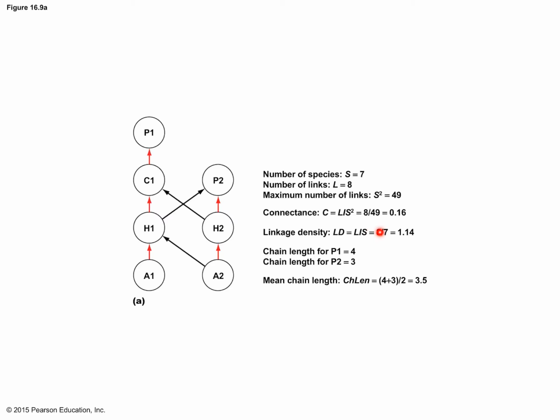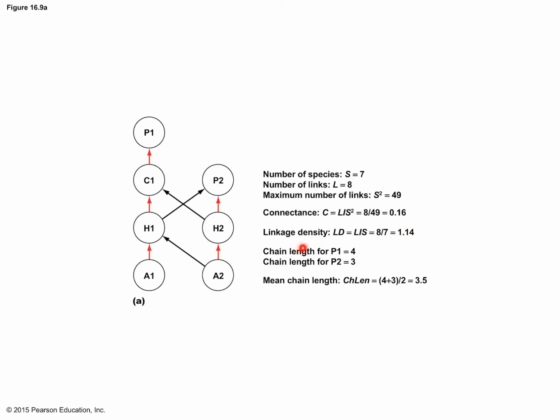So in this case, that's going to be 8 divided by 7, so that's 1.14. All right. I'm sorry, linkage density is the actual average number of links per species. I said that was the case with connectance before. It's not. My apologies. Linkage density is the average number of links per species. So in this case, we have 1.14 links per species. That makes more sense. Have my wires crossed.